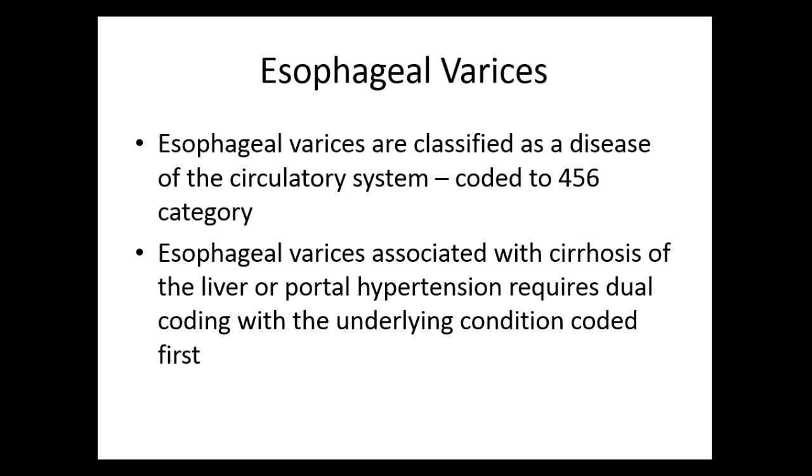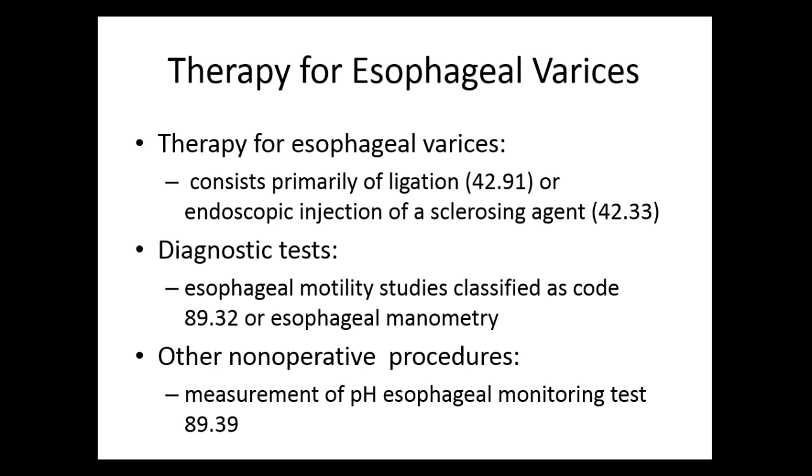So for example, bleeding esophageal varices with cirrhosis of the liver would be coded to 571.5 and an additional code of 456.20. Or bleeding esophageal varices in portal hypertension is coded to 572.3 and 456.20.